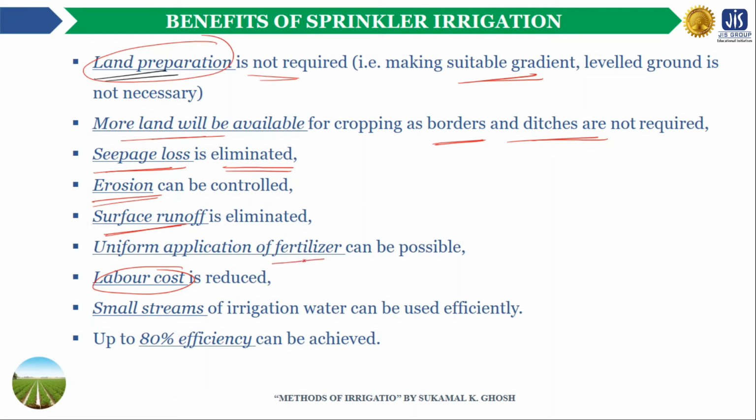Further, fertilizers can be uniformly applied because they are mixed with the irrigation water itself. Very small streams of irrigation water can be used efficiently. And last but not the least, up to 80% efficiency can be achieved. It means up to 80% of applied water can be stored in the root zone of the plants.